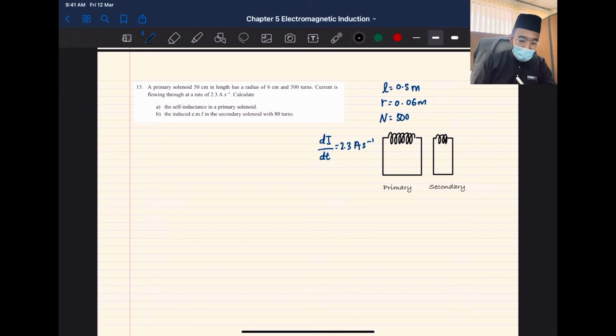Self-inductance is L. Easy, L equals mu naught N square A over l. So 4 pi times 10 negative 7. N for primary is equal to 500, and for secondary, maybe I can write N1 and N2, which is equal to 80 turns. Square.